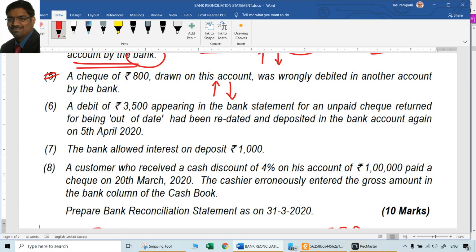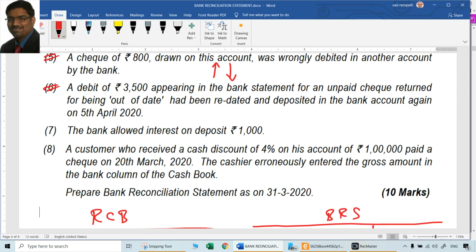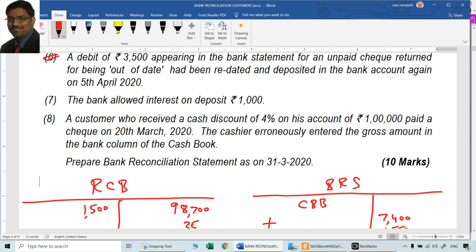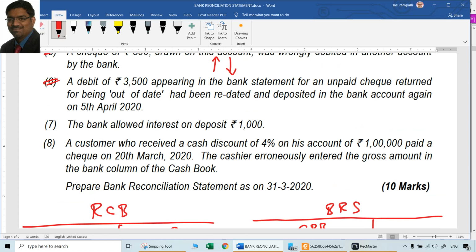Then a debit of 3,500 rupees appearing in the bank statement for an unpaid check returned for being out of date had been redated and deposited in the bank account again on 5th April 2020. Anyway, there is a debit of 3,500 appearing in the bank statement for an unpaid check returned for being out of date. Means definitely in the bank account or bank statement there was a debit.